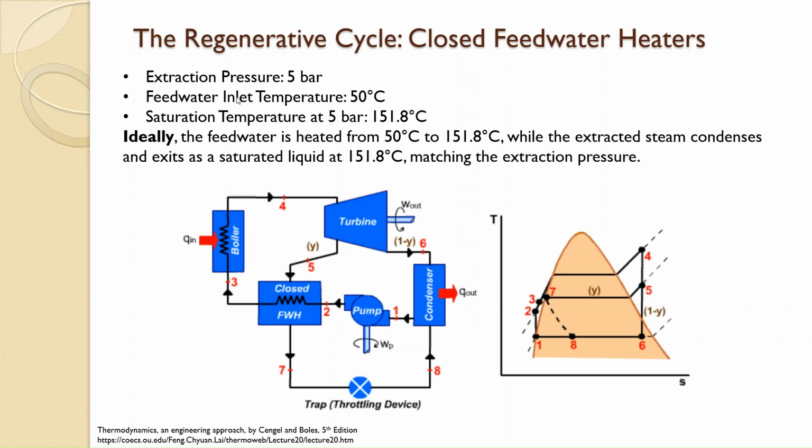So if the feedwater inlet temperature is 50 degrees C, in an ideal closed feedwater heater, the feedwater leaves the closed feedwater heater, state 3, at 151.8. This means that the feedwater is heated from 50 to 151.8.